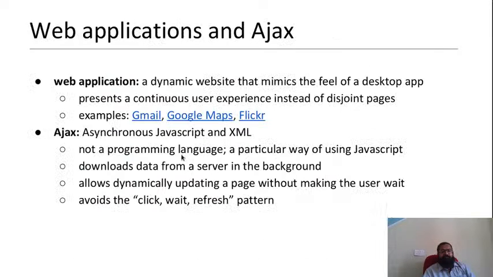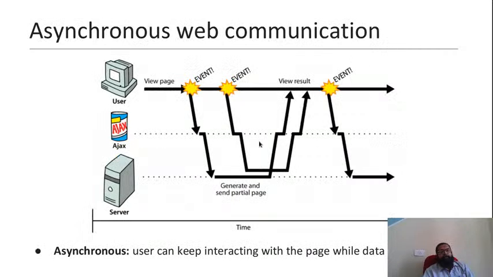We have already mentioned that Ajax stands for asynchronous JavaScript and XML, which means it is able to establish the connection in an asynchronous manner, and then it uses XML.